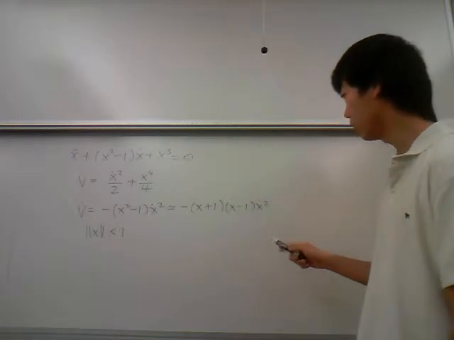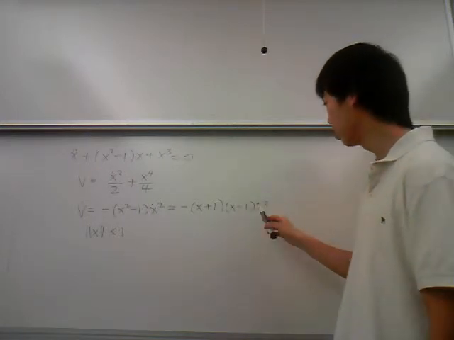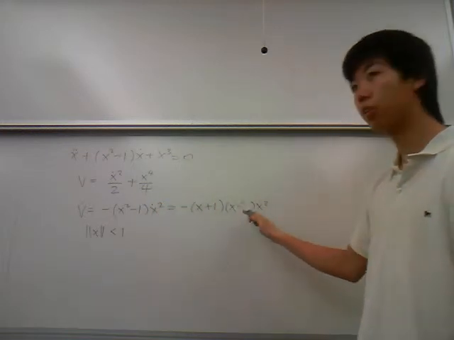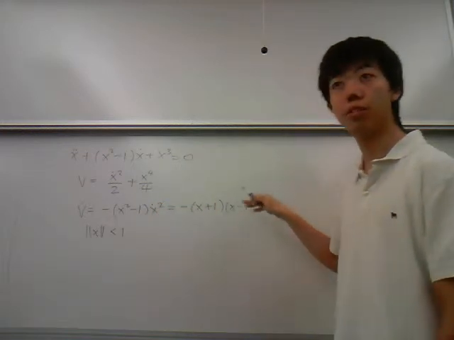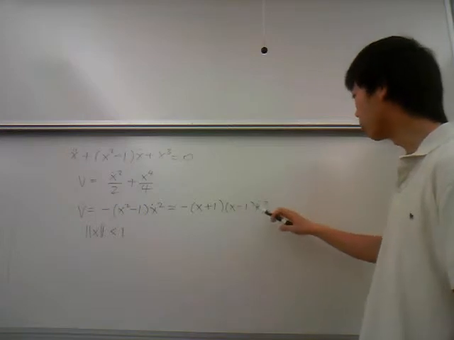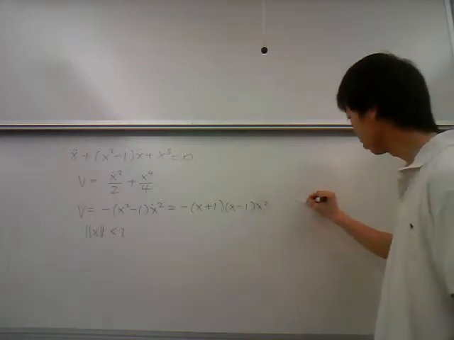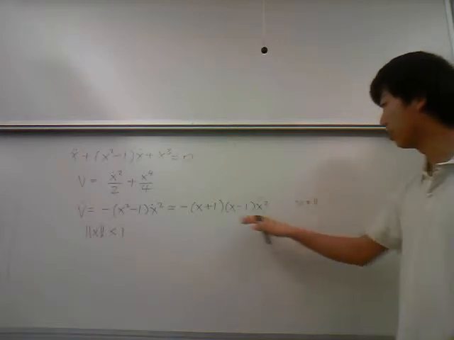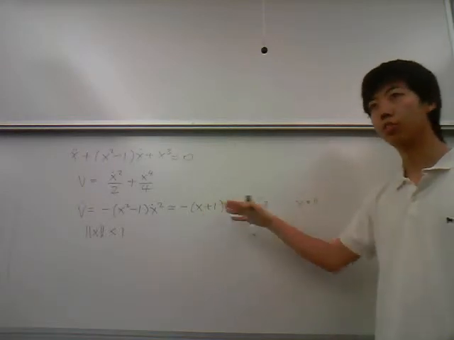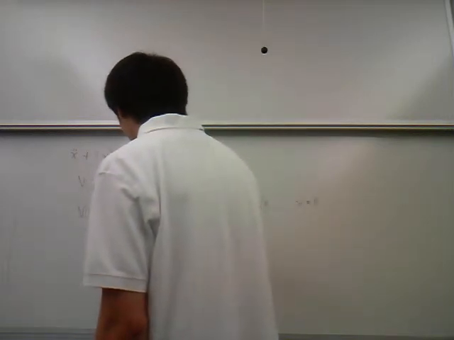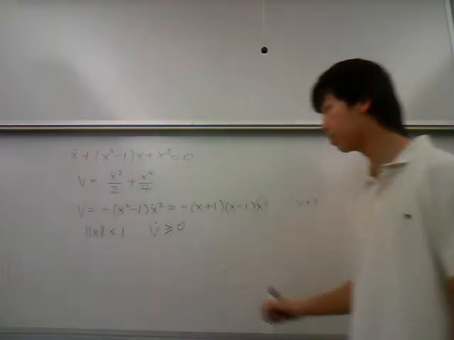Positive semi-definite means that this function v dot could be 0 at another place other than the origin. In this case, if x dot is 0, then it doesn't matter what x is, v dot is 0. So v dot is positive semi-definite.